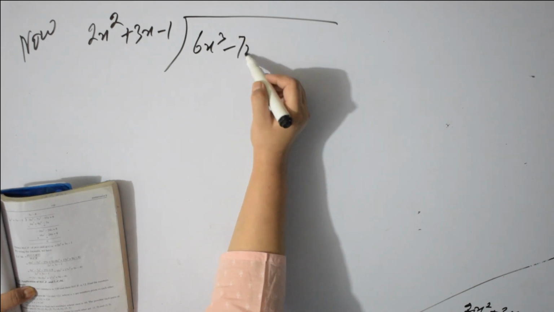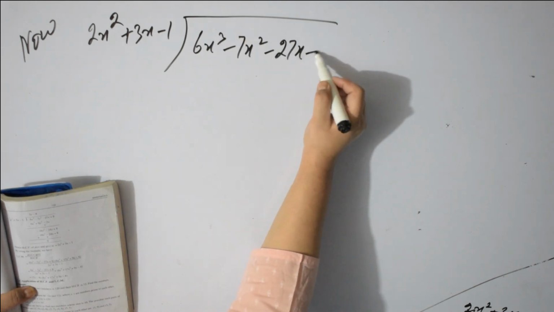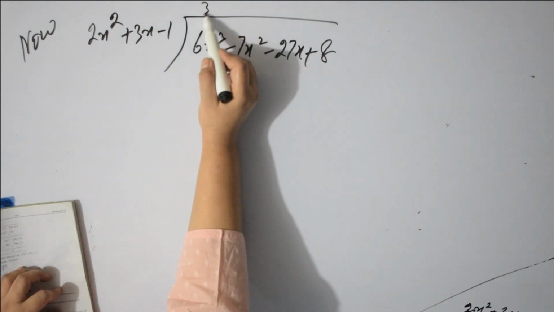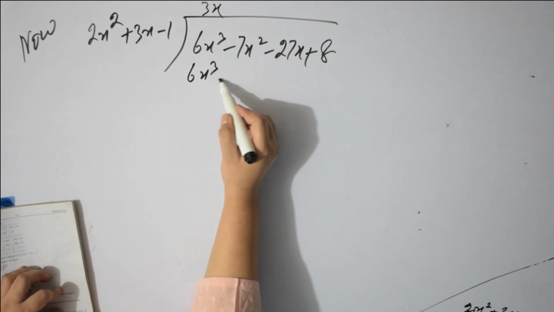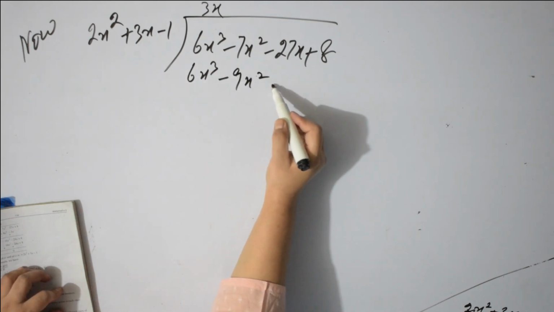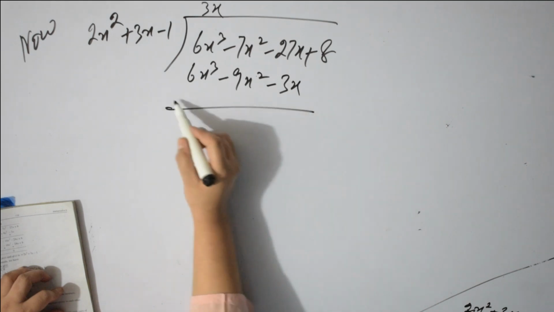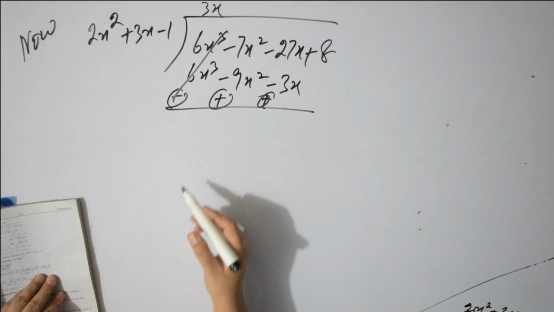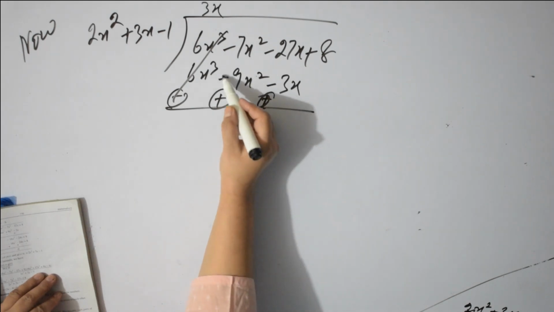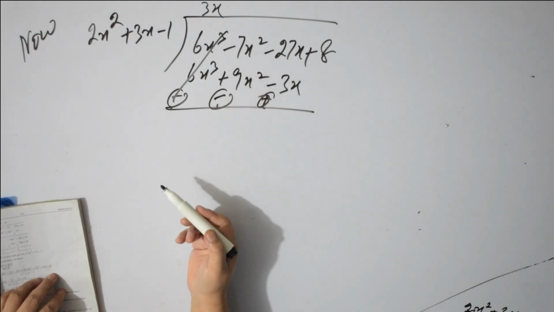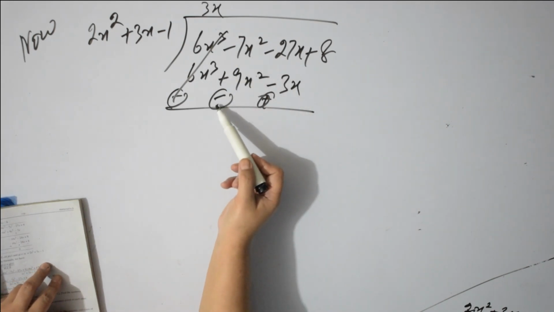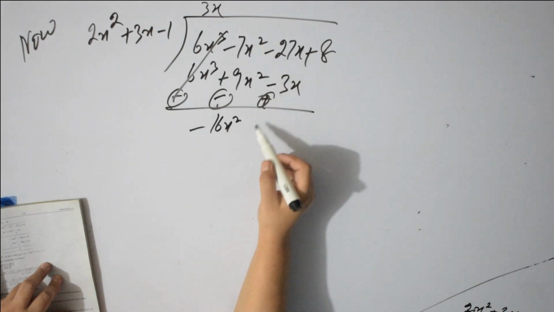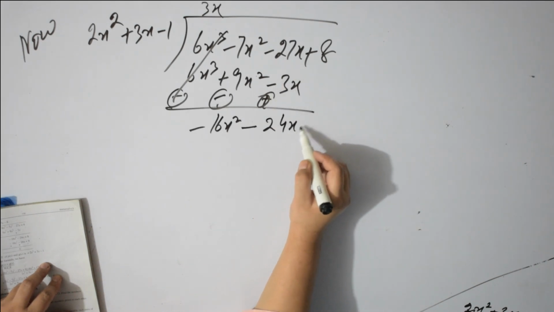6x cube minus 7x square minus 27x plus 8, divided by 2x square plus 3x. We divide. 2 3s are 6x cube, minus 3 3s are 9x square, minus 3x, leave some space, divide, plus minus minus, and the sign of oops, I have written over here plus, and it's minus, yes, minus minus plus and sign of greater value, that is minus 16x square, and minus plus minus sign of greater value plus 8.